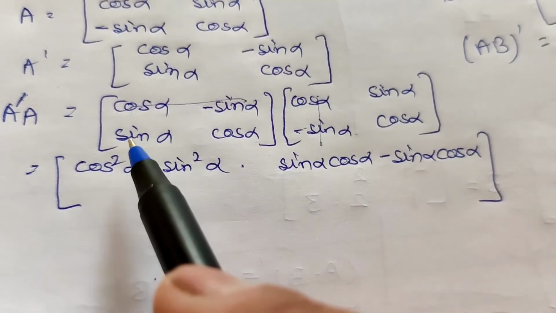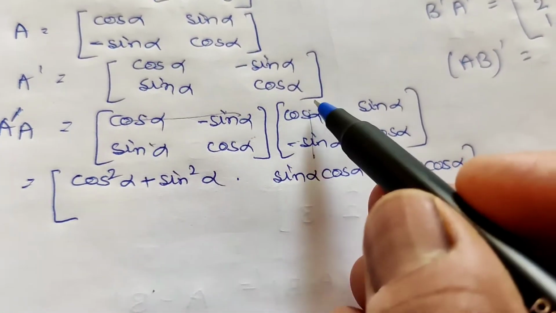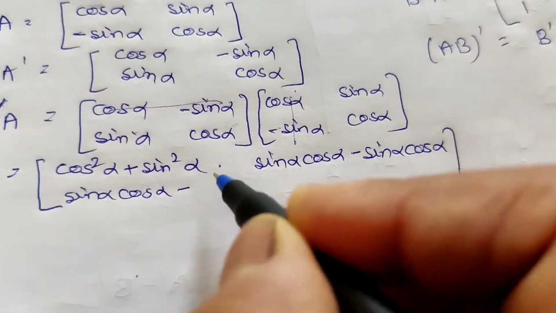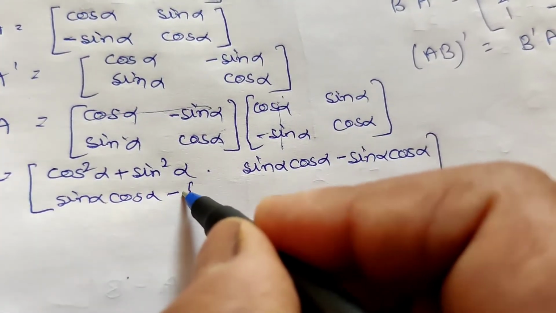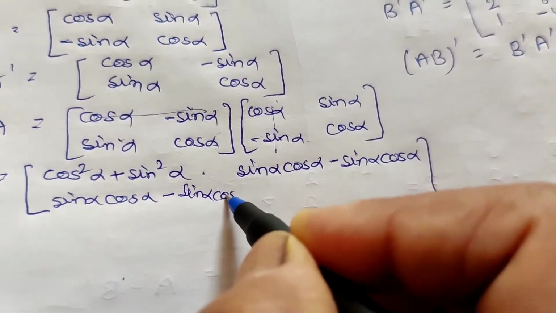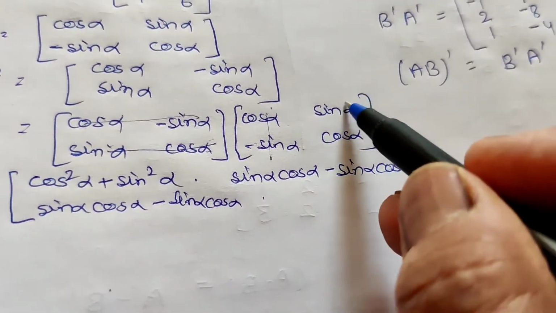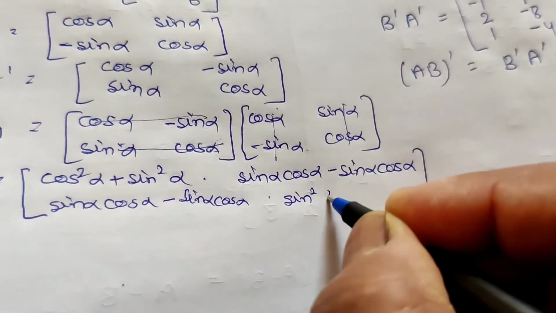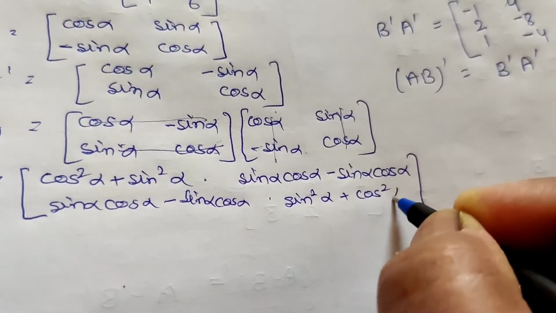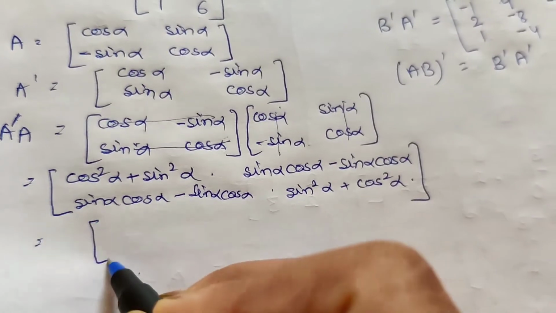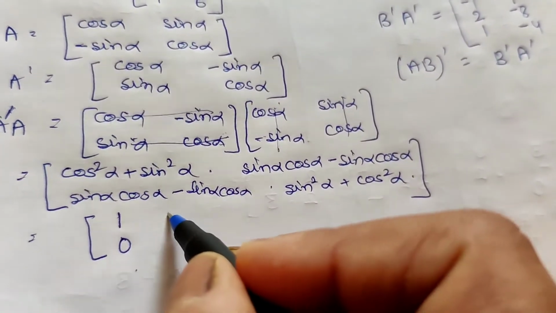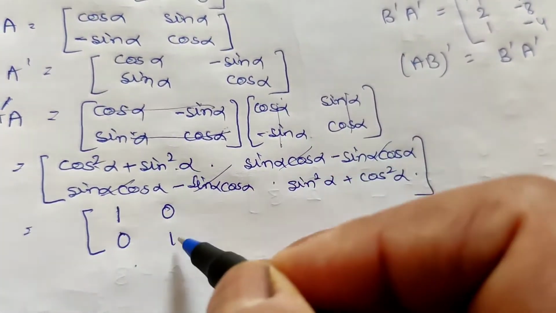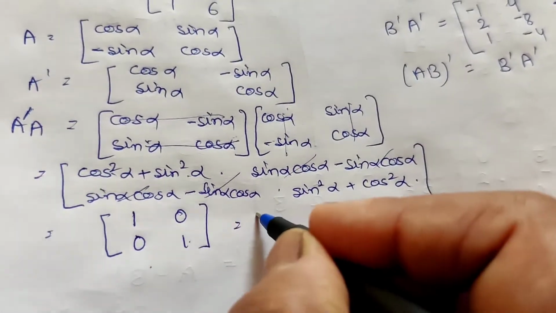Second row, first column: sin alpha cos alpha minus sin alpha cos alpha. Second row, second column: sin square alpha plus cos square alpha. It means this is equal to 1, 0, 0, 1, since sin square alpha plus cos square alpha is 1. It means this equals I.